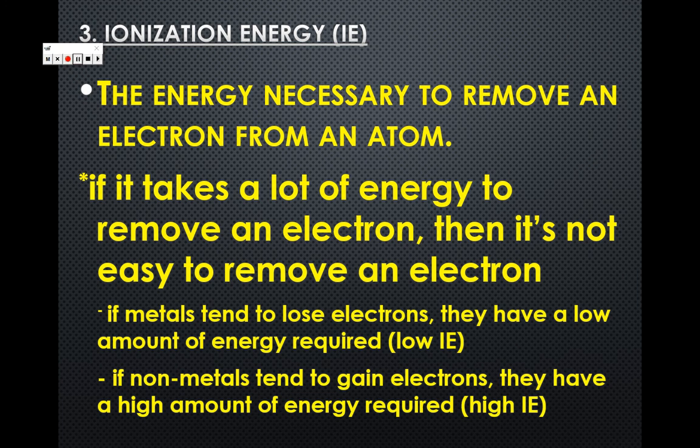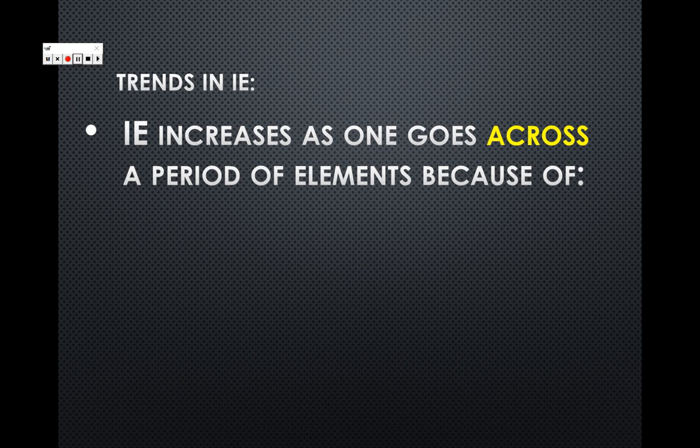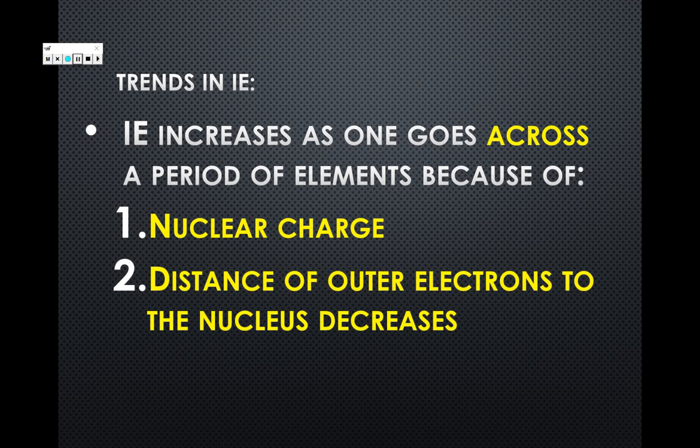It's easy to remove an electron. So when you go across, it's going to increase because, again, you've got more protons, which makes the atom smaller, harder to remove electrons.